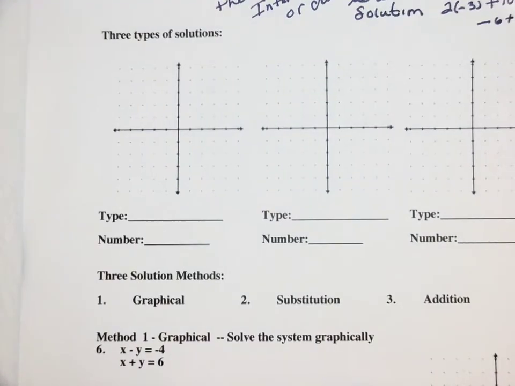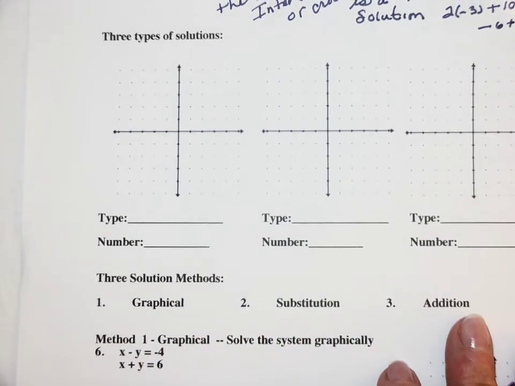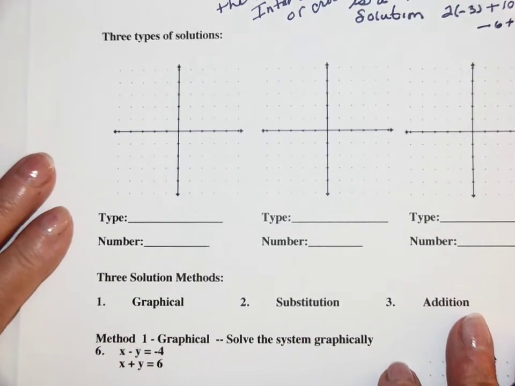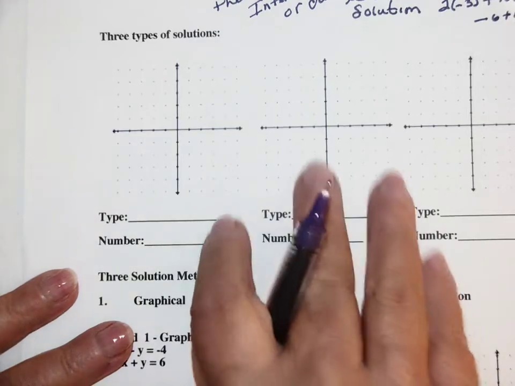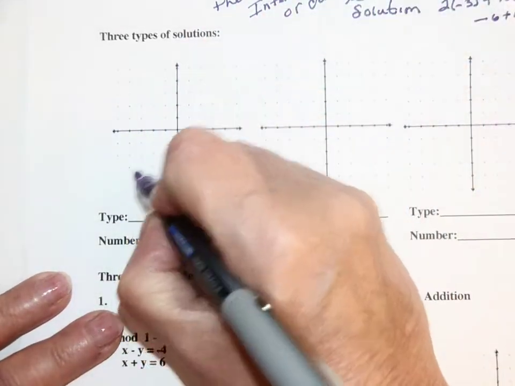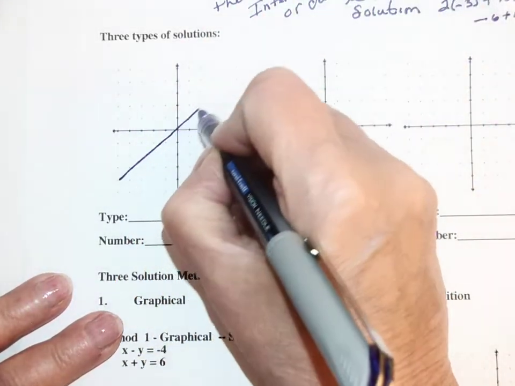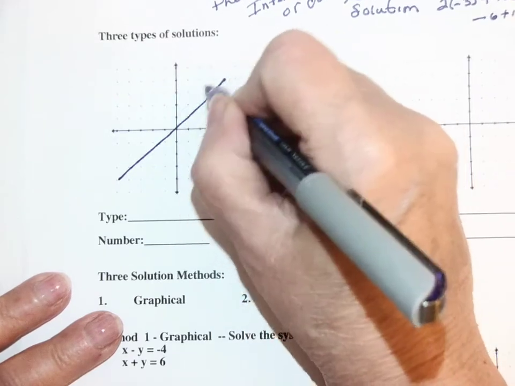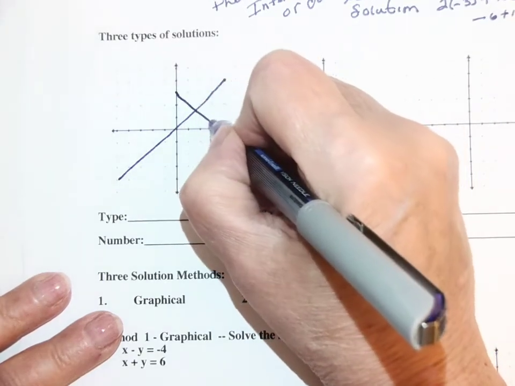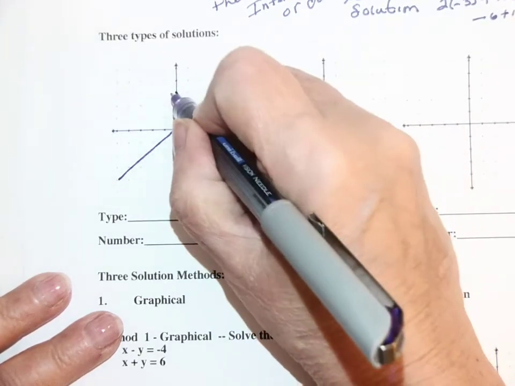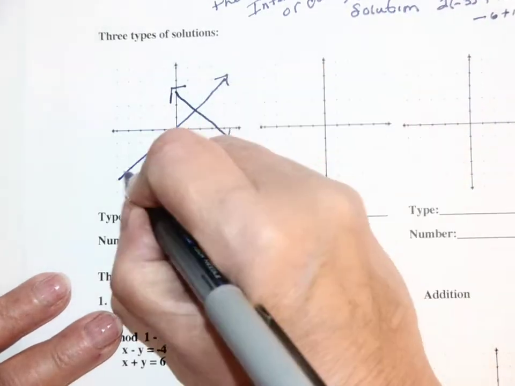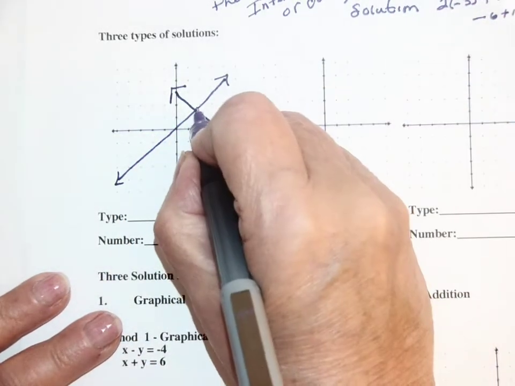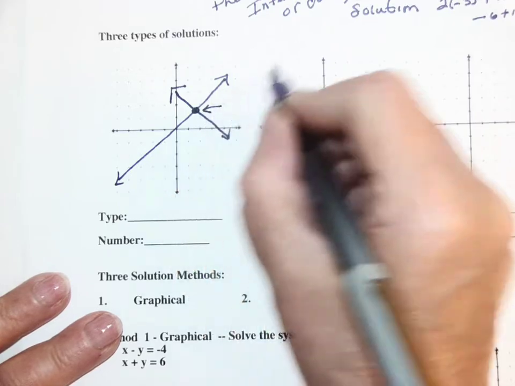Now, when you're dealing with systems of equations, there are 3 types of solutions. Doesn't matter how many equations or how many variables you have. You can have one solution. Now, what that would look like is I'm going to draw 2 arbitrary lines, and it would cross at a single point.